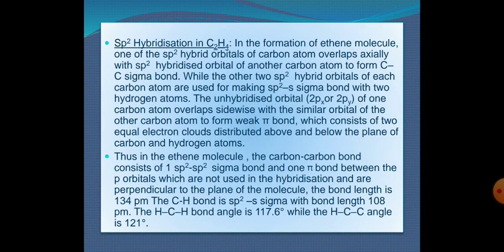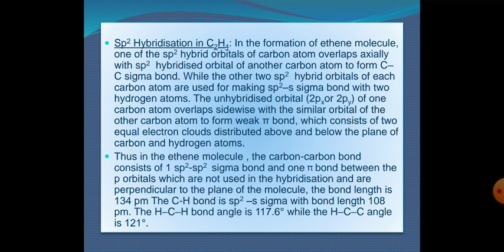Thus, in the ethene molecule, the carbon-carbon bond consists of one sp2 sigma bond and one pi bond between the p orbitals, which are not used in hybridization and are perpendicular to the plane of the molecule. The bond length is 134 picometer and the C-H bond is an sp2-s sigma bond with bond length 108 picometer.